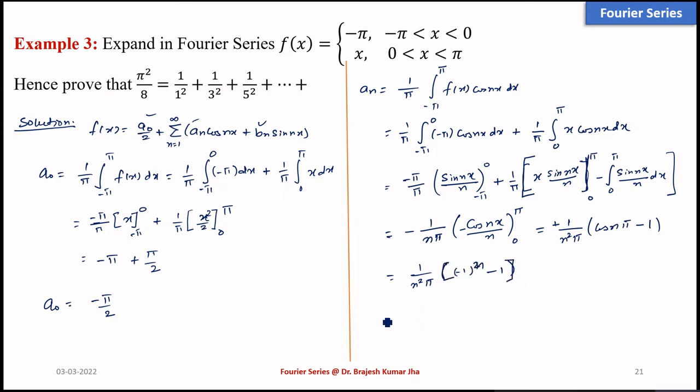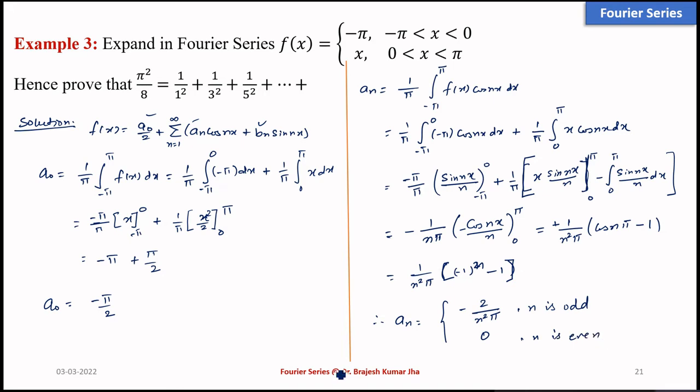So again we get the value of an: if minus 1 is minus 2, so it is minus 2 by n square pi. The condition is n is odd. And no doubt it is 0 when n is even.